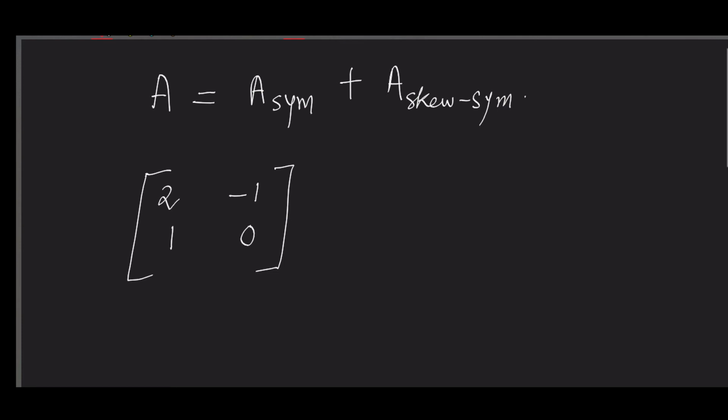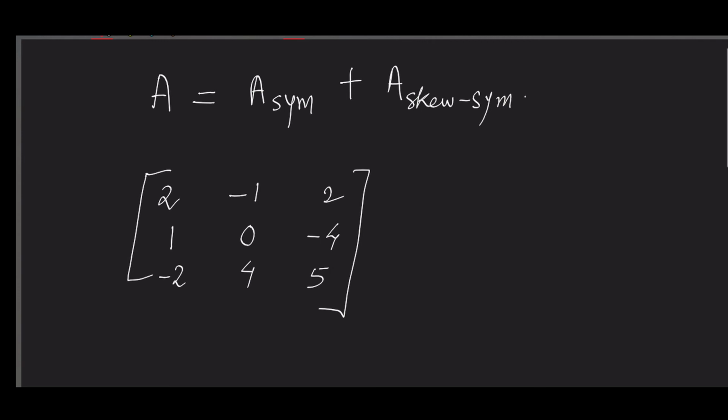The diagonal elements, the off diagonal elements are equal in magnitude but negative of each other. There is an example of a skew symmetric matrix.